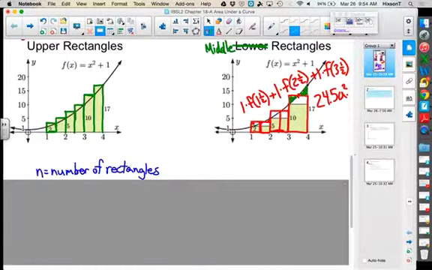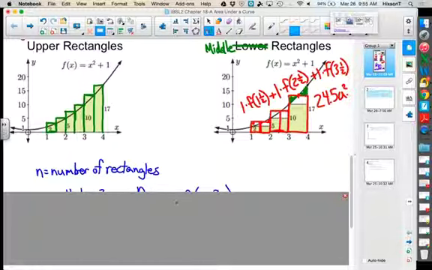So what we see here is that the more rectangles we have, the smaller the width is going to get, okay? So let's say we let n be the number of rectangles.